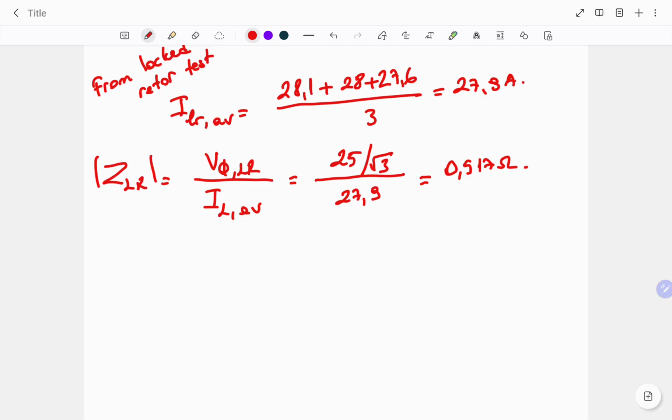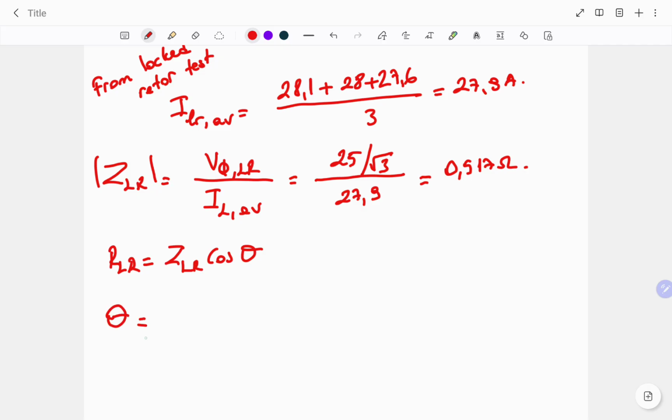We can calculate the resistance and the reactance values. The blocked-rotor resistance is the real part of the impedance, so it will be Z blocked-rotor times cosine theta. Let's calculate the theta power factor first of all. To calculate it, we can use the input power.